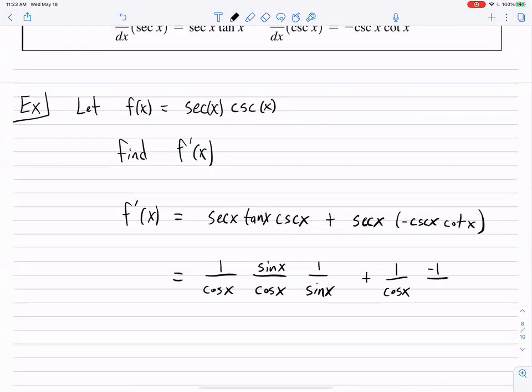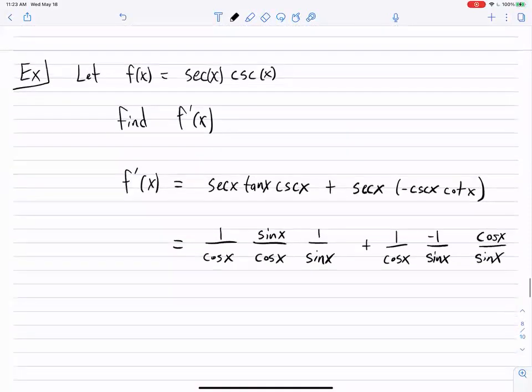This is negative 1 over sine x. And then this is cosine x over sine x. And so that cancels with that cancels with that, and we get 1 over cosine squared x minus 1 over sine squared x.